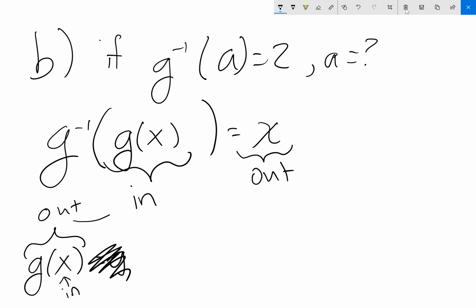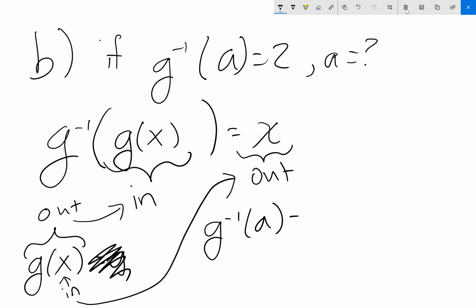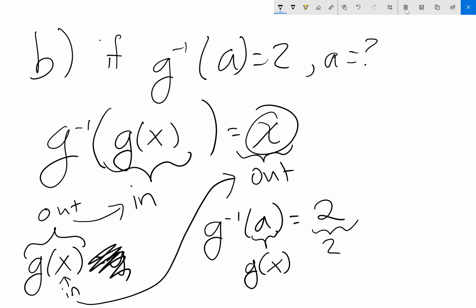So we switch it. The output becomes the input and the input becomes the output. So if we're saying G inverse of A equals 2, we're saying what is G of x when x equals 2? And that's simple enough.